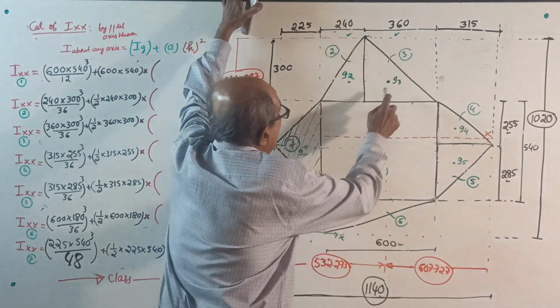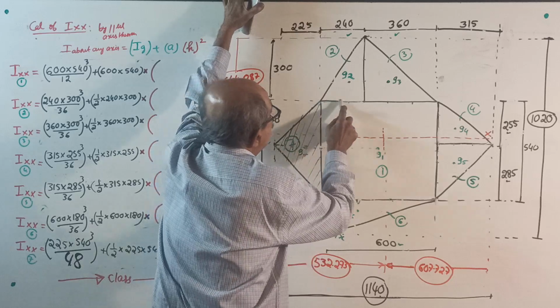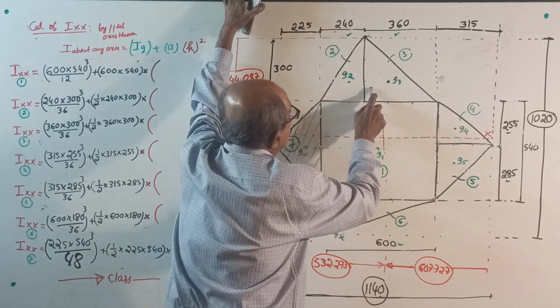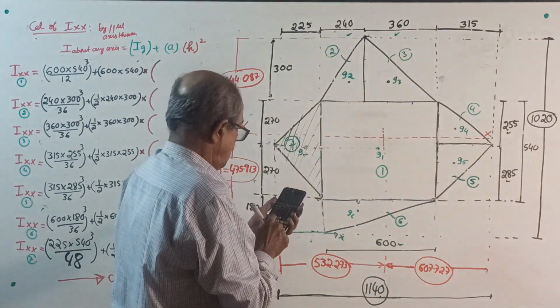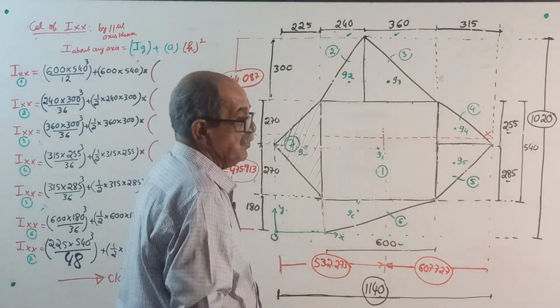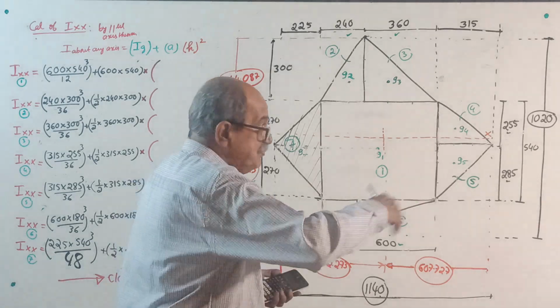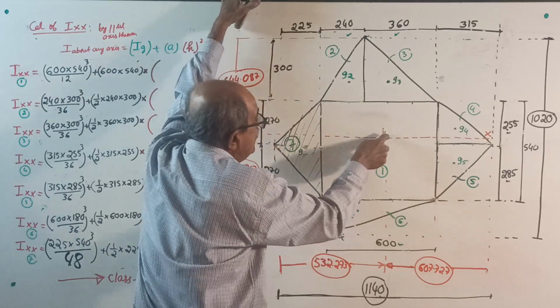Furthermore, up to here, 225 plus 240 plus 1/3 of 360 is 585. Therefore, before this, but after this, very near to this one.